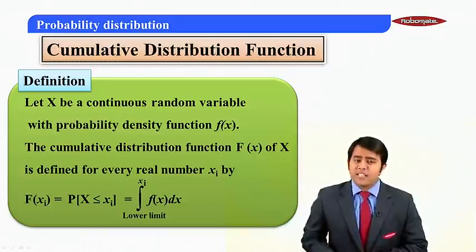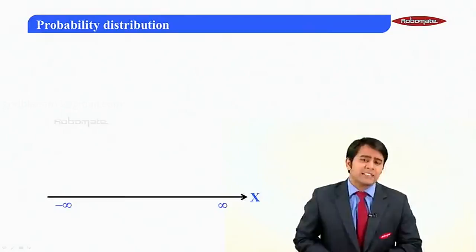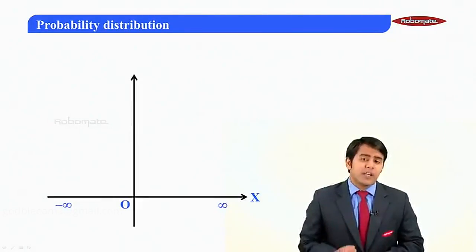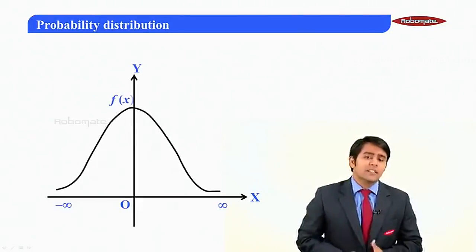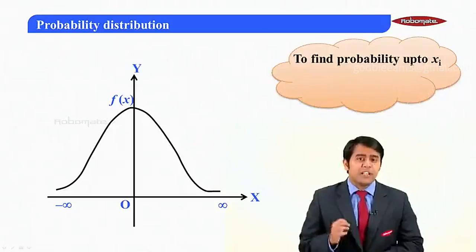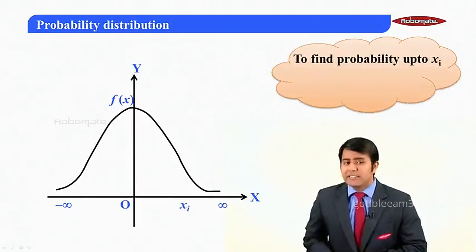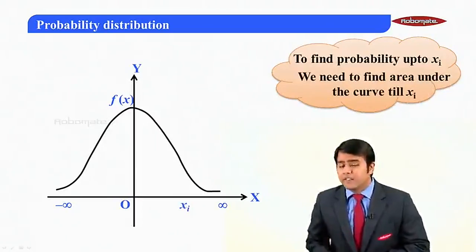So let us try to understand this more clearly from this. This is your x-axis and the limits are from minus infinity to infinity. This is your y-axis and origin. Now consider the following curve. This is the curve for f of x. Now here, to find probability up to xi, the point is shown here on the x-axis. What we must do is find the area under the curve till xi.